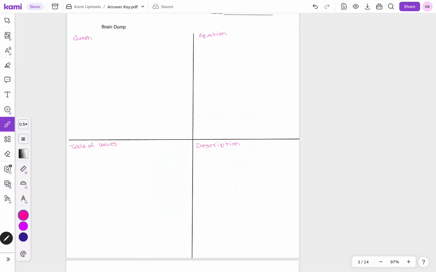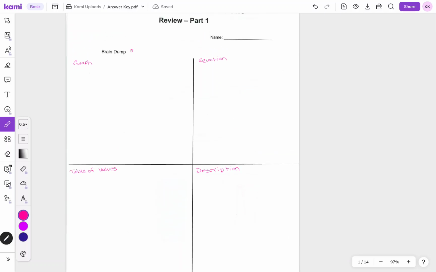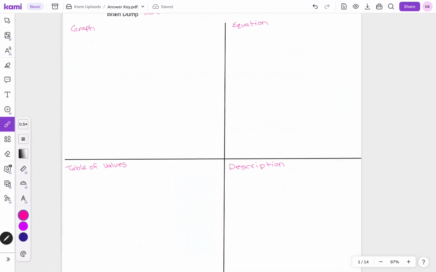Alright, so what we're trying to do on this is state the characteristics, and then solve contextual problems when we're given these 4 different types of information.